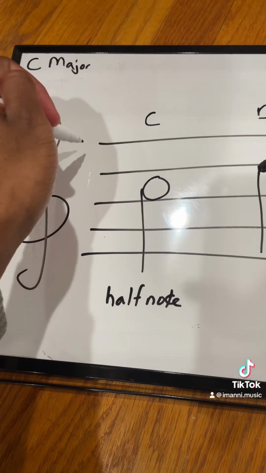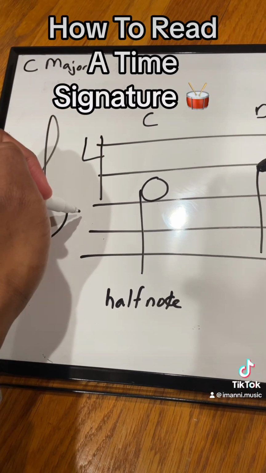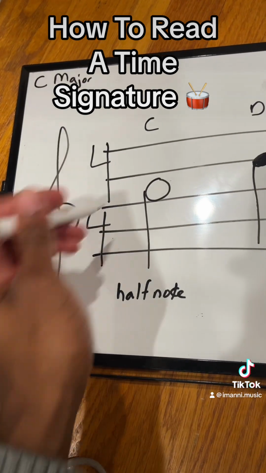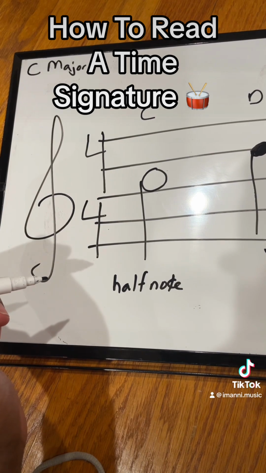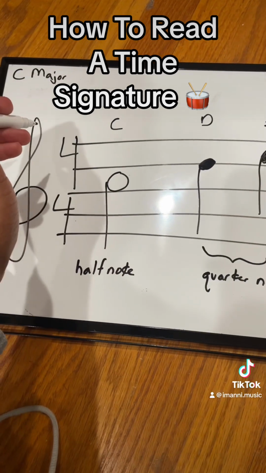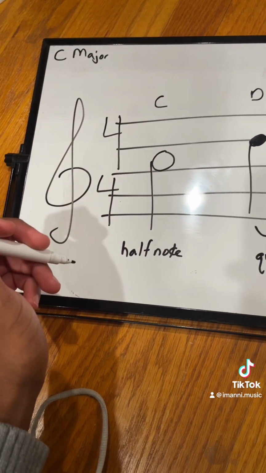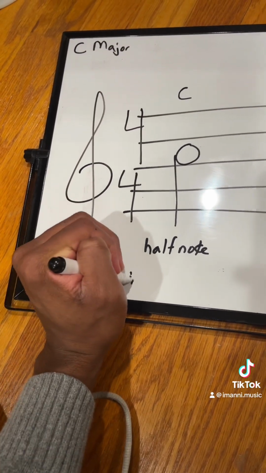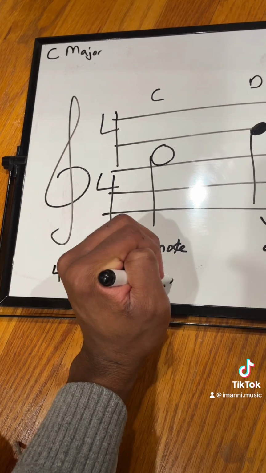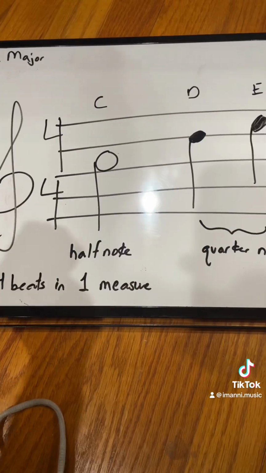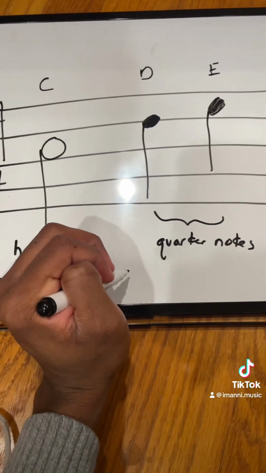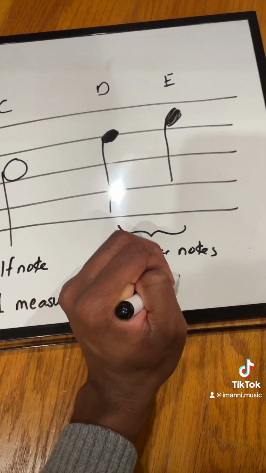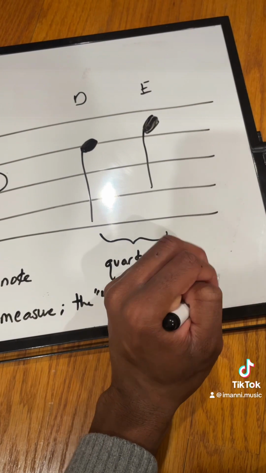Whenever you see a time signature, which is two numbers that come right before notes that look a whole lot like a fraction, whenever you have a time signature of 4/4, it means that we have 4 beats in one measure, and that the 4 gets the beat.